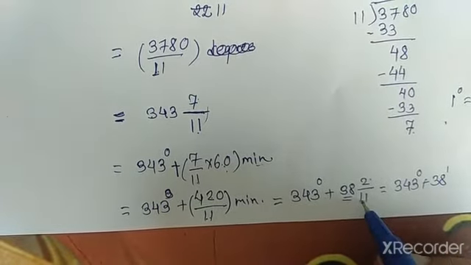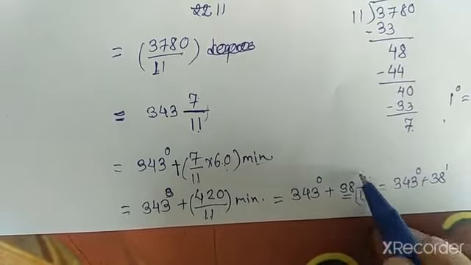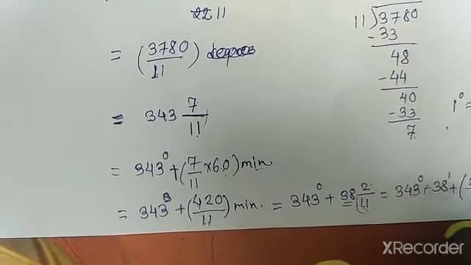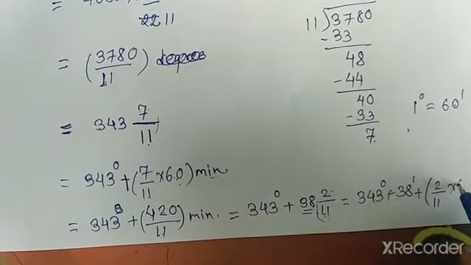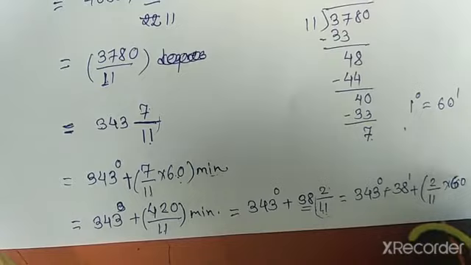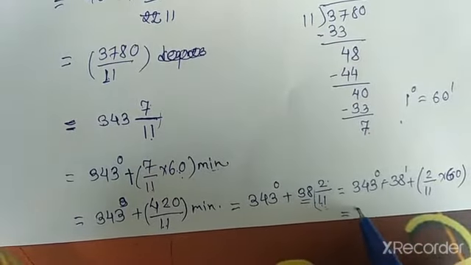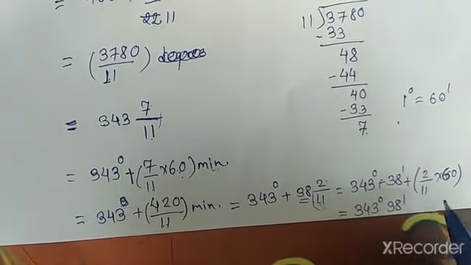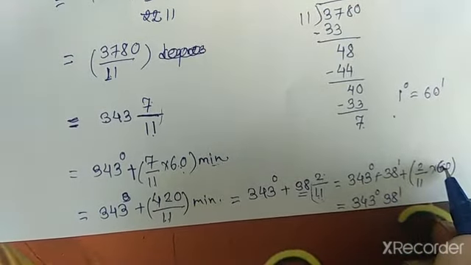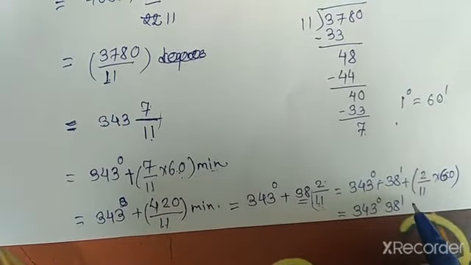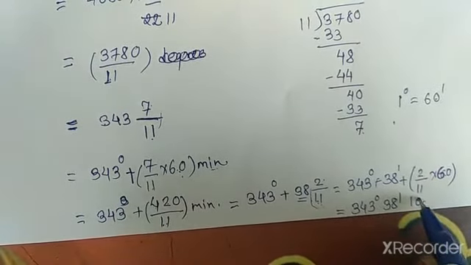2 upon 11 second, so it is in minutes, so we convert it into seconds. 1 minute is equal to 60 seconds. So 2 upon 11 into 60. So here the total calculation will be 343 degree, 38 minute, and 2 into 60 is 120, and 120 divided by 11 will be 10.9 seconds.